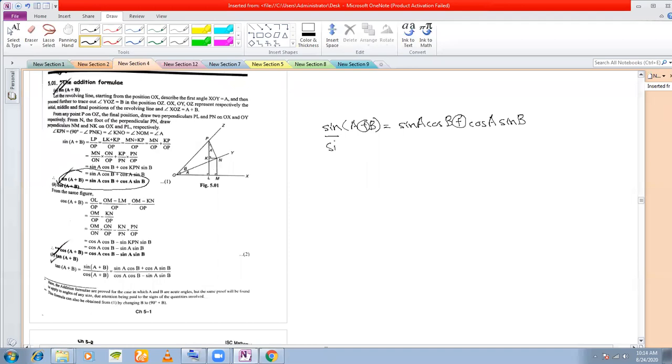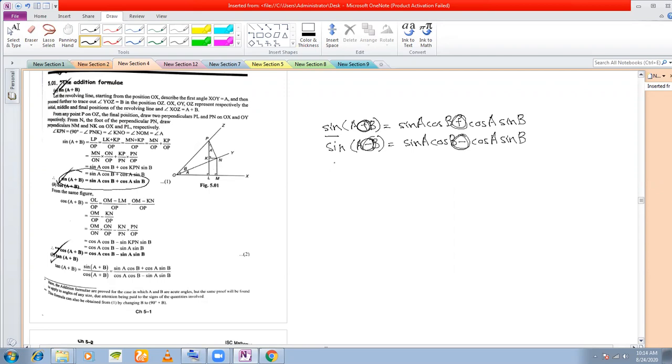Similarly, for sine A minus B, let me write it because they have not given it together. Sine A minus B is sine A cos B minus cos A sine B. This is what you have to remember. Note that this negative sign and this negative sign are the same. Here this was positive, this was positive. Here this was negative, this is negative.